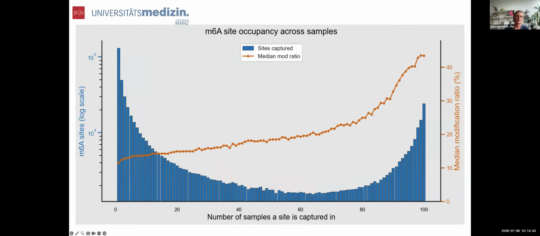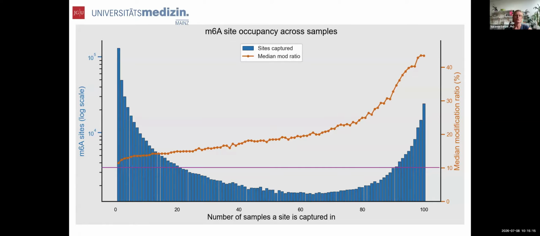What can be seen here is that those modifications that appear only once, in one individual, and that have been predicted by the modification prediction tool, have a very low stoichiometry, just a little bit above 10%, and 10% is this line that I just added here. This was the threshold filter that we used to accept the modification or not.